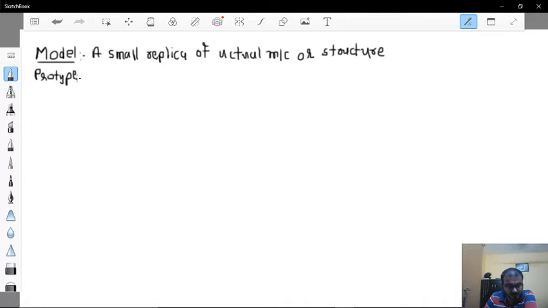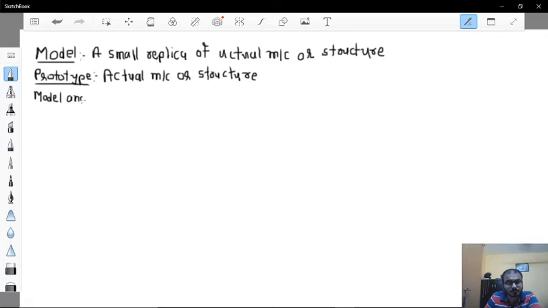It is the actual machine or structure. Then the next definition is model analysis. It is nothing but study of such models.